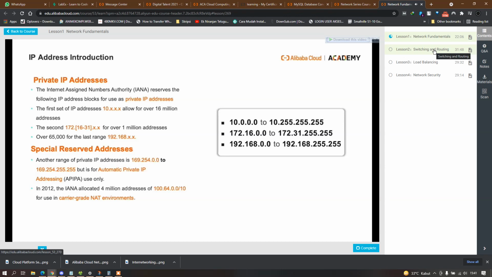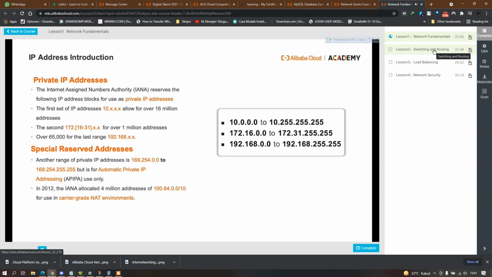And also there are some special reserved addresses that are not used on the internet. The first one is the 169.254 segment, a class B segment. This segment is used for automatic private IP addressing.